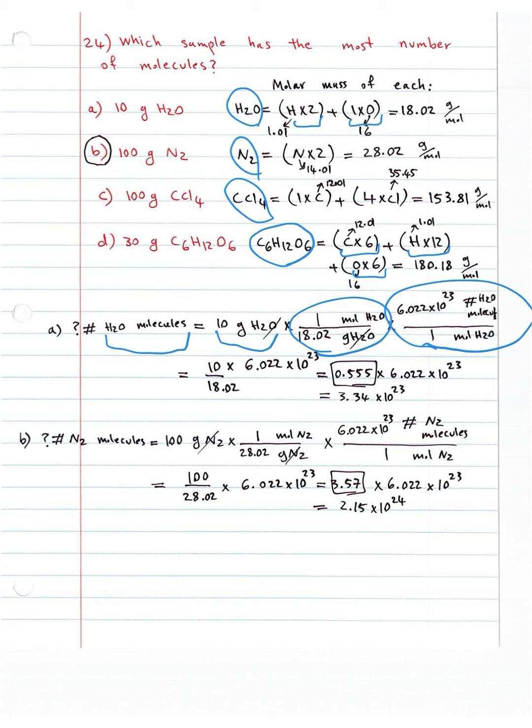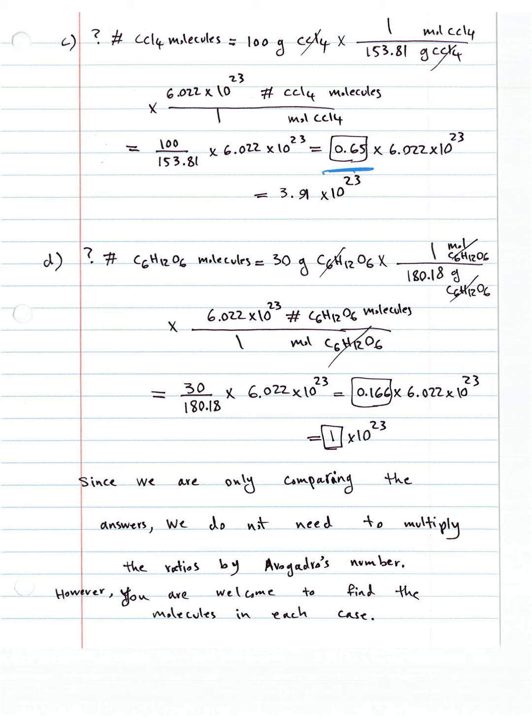Since you just want to compare, you can just write these ratios and compare them. You want to see which one is biggest. Number B is the biggest. You see that you don't have to calculate the whole thing. That can save you time if you just compare the ratios, because this part is the same for all of them.